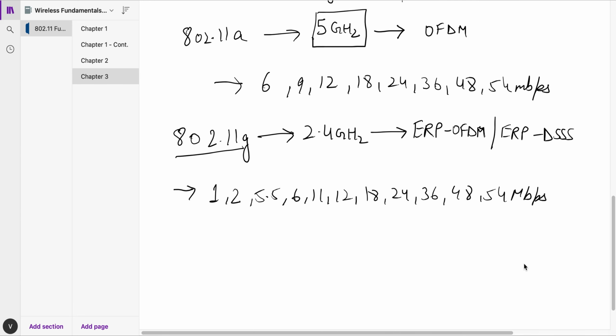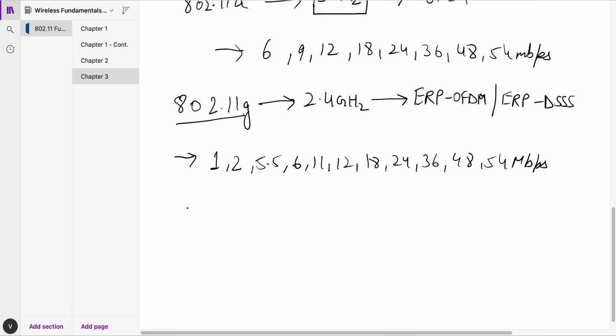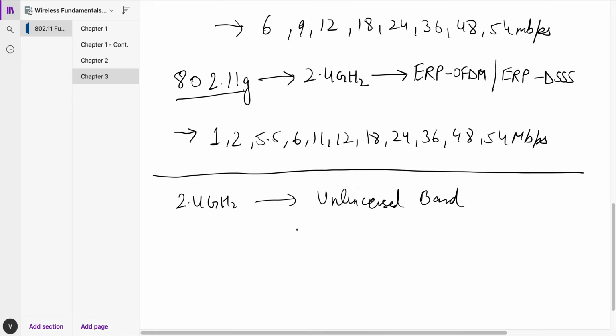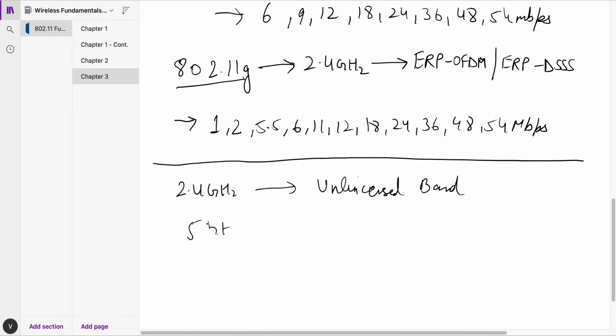Okay, now in 802.11b, or let's say 2.4 gigahertz frequency, we have an unlicensed band which we get. In 5 gigahertz, we get an unlicensed band, of course.